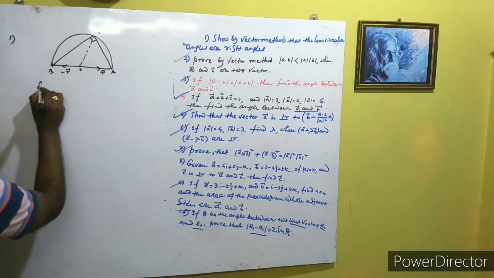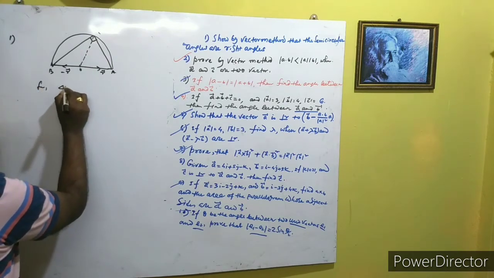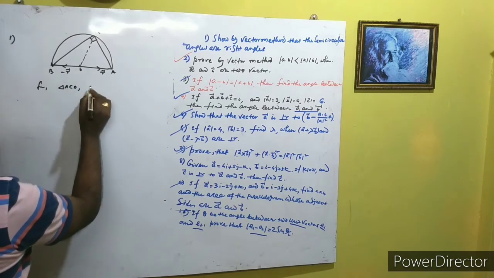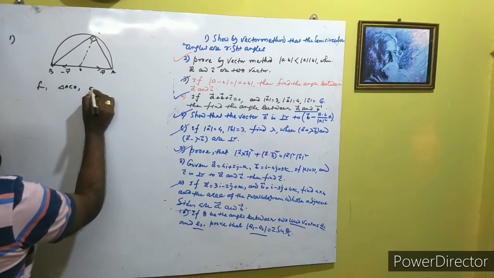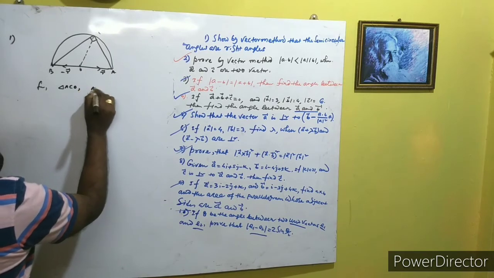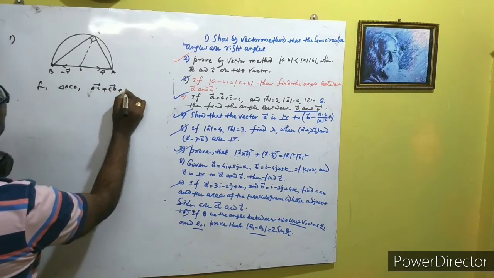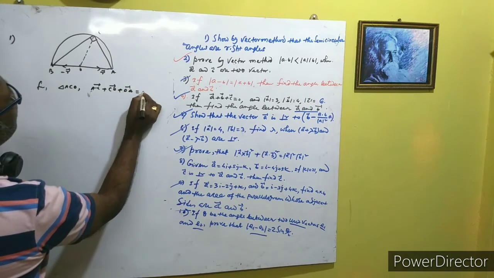So for triangle ACO, AC plus CO plus OA equals 0.